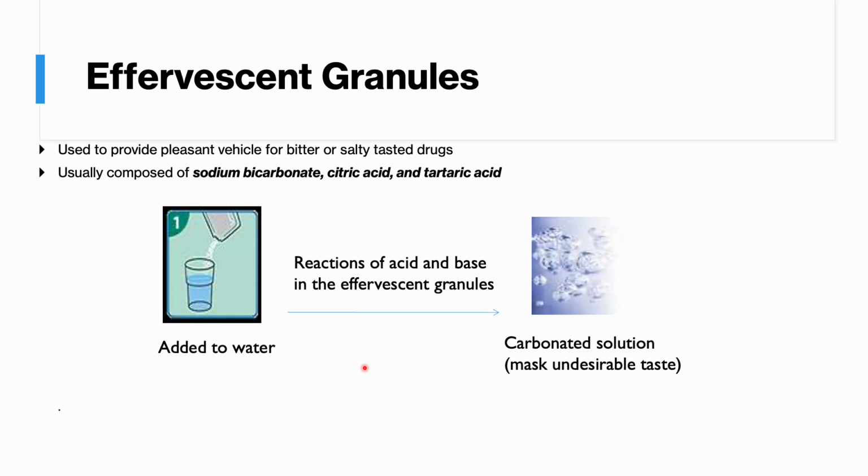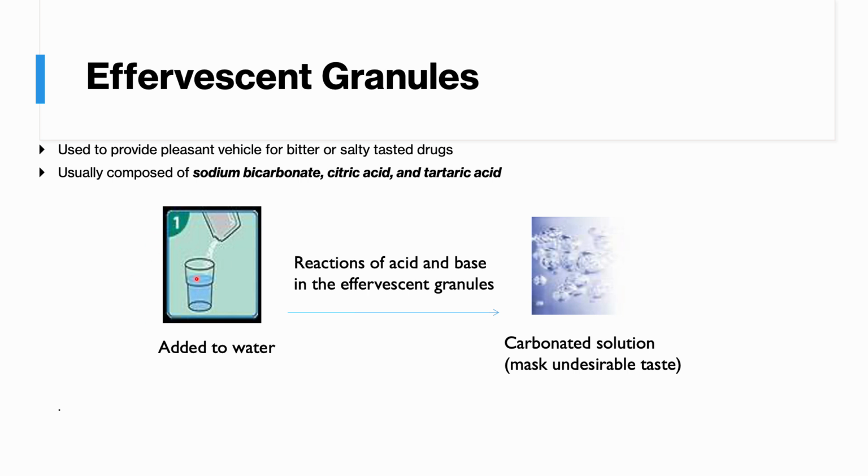A very special type of granules is effervescent granules. These are a kind of medicated granules. Effervescent granules usually provide a pleasant vehicle for bitter or salty tasting drugs. Even though it's in liquid, it can mask the taste or flavor of the drugs. Effervescent granules usually are composed of sodium bicarbonate, citric acid, and tartaric acid.